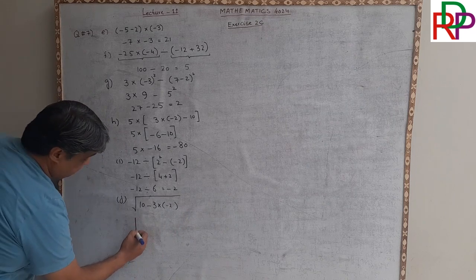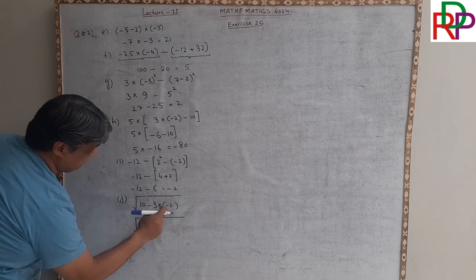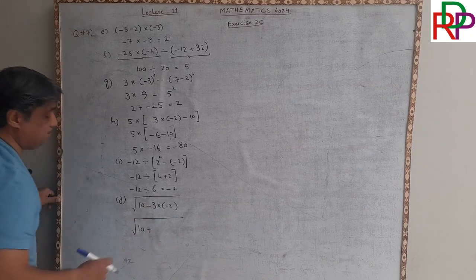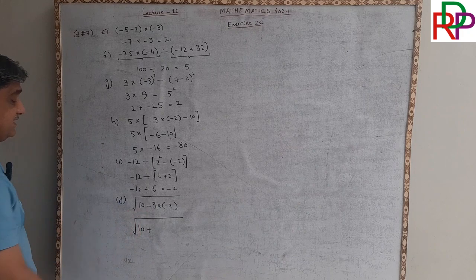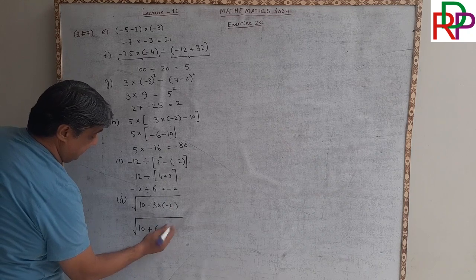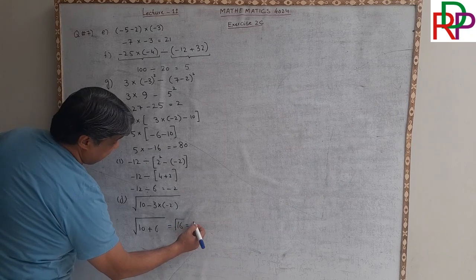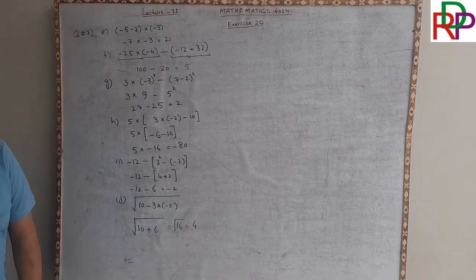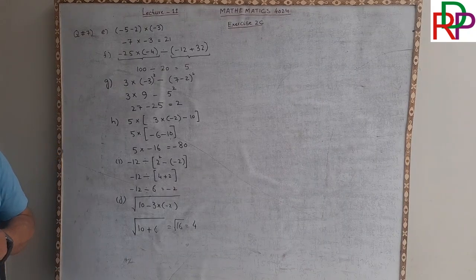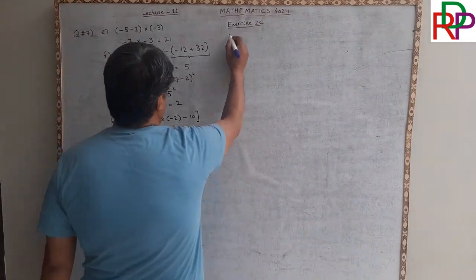In this case we first write 10 and then minus, because the multiplication priority is more than this. So 3 and minus 2 is minus 6, and it means it is equal to 16 under the root, and 4 is the answer.